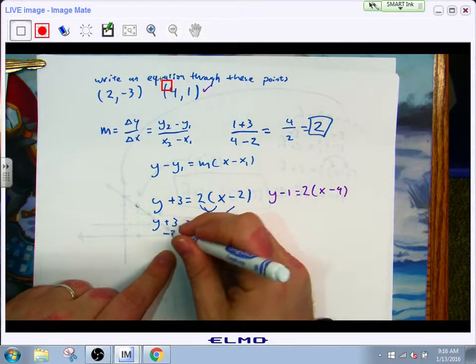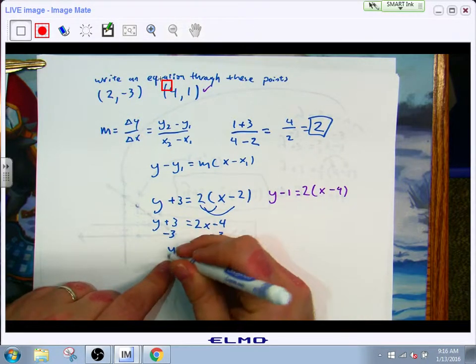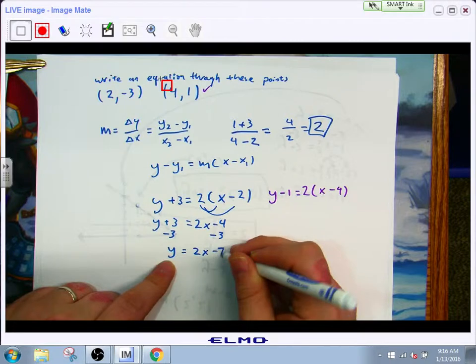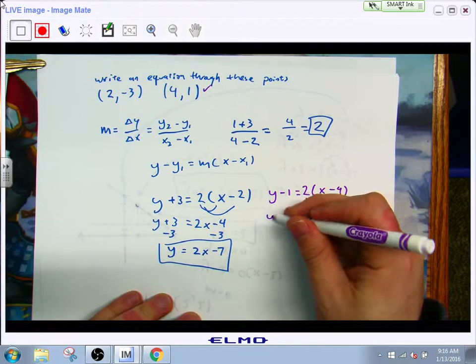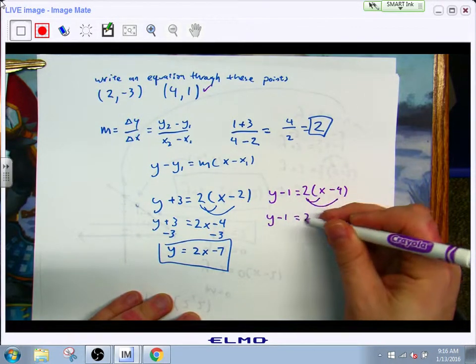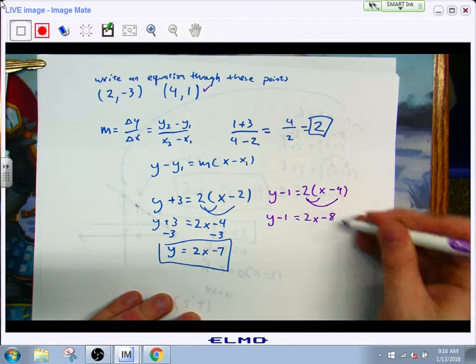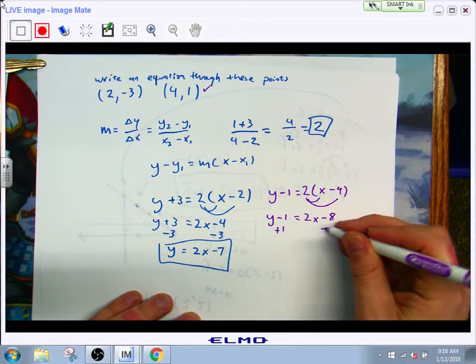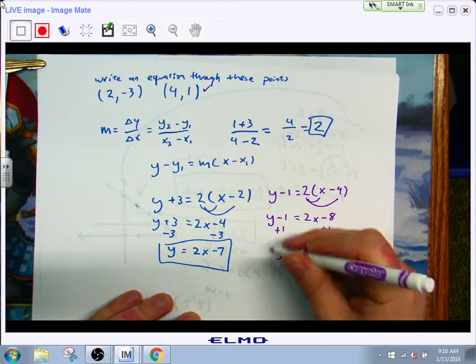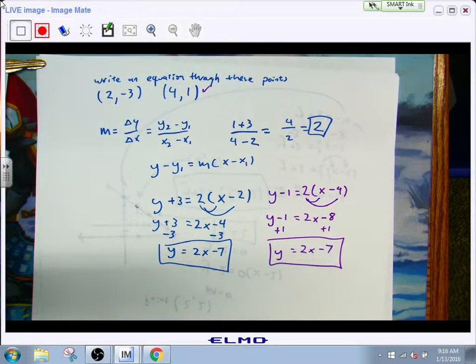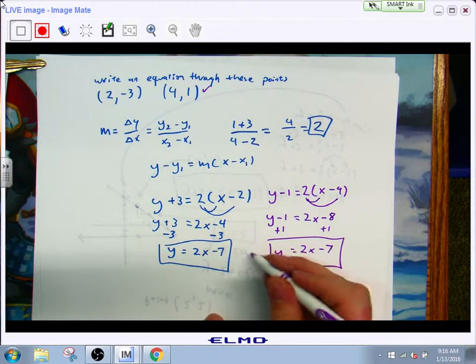If I subtract 3 from both sides, I get y equals 2x minus 7. I'm going to do that on this side too. I'm going to distribute my 2. So I have y minus 1 equals 2x minus 8. I'm going to add 1 to both sides. y equals 2x minus 7. And sure enough, they are the exact same thing.